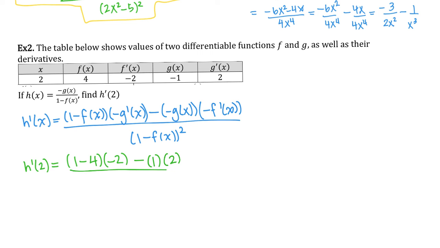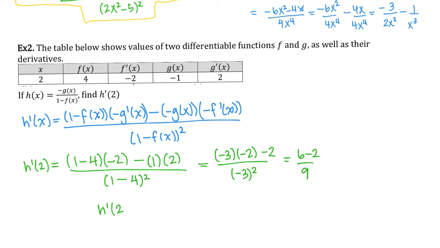Okay, now in the denominator, 1 minus f of 2. F of 2 is 4, so 1 minus 4, and then squared. So h prime of 2 is going to be 4/9.